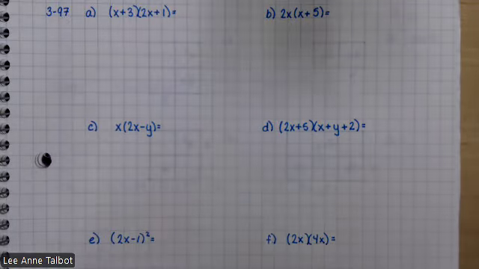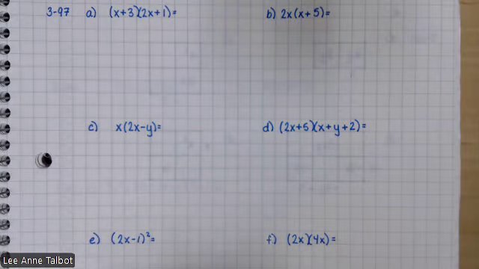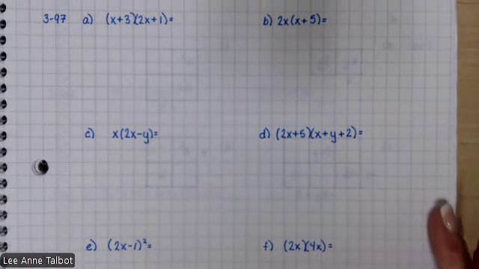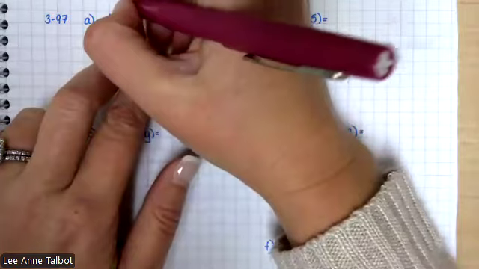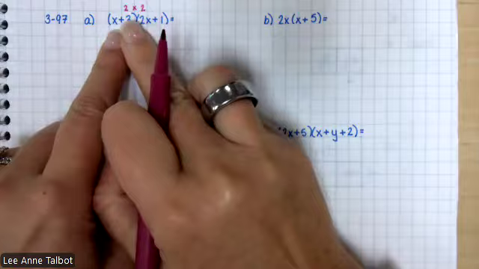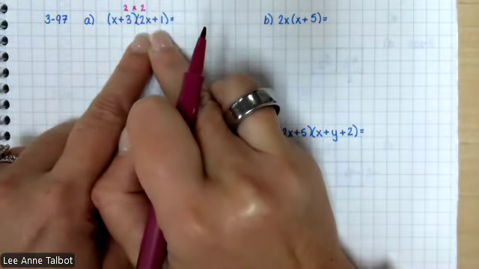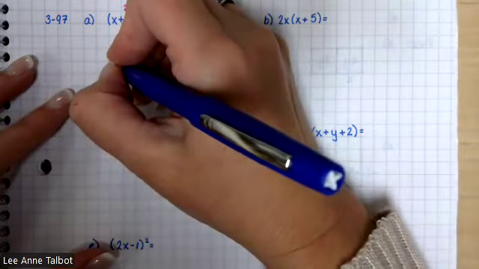Okay. All right. So first step is to decide the size of the box I'm going to use. So we're going to do 97A together. What's the size of the box for this one? 2 and 2. So 2 things in the front parentheses, 2 things in the back parentheses, 2 by 2.